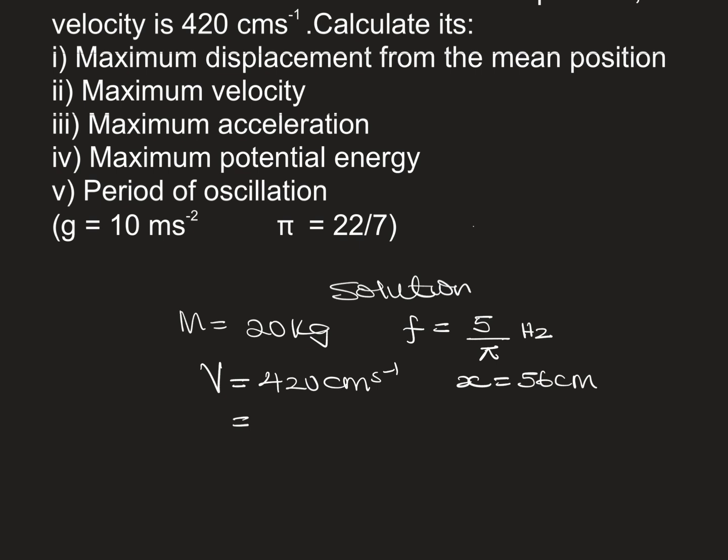So if you have 420 centimeters per second, you want to convert it to meters per second, just divide by 100, and you will get the answer. The displacement is 56 centimeters, so we convert it to meters by dividing by 100. That will give you 0.56 meters.